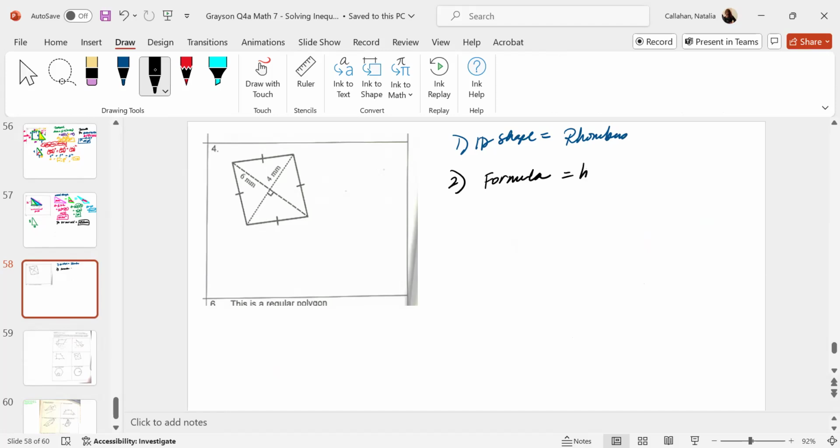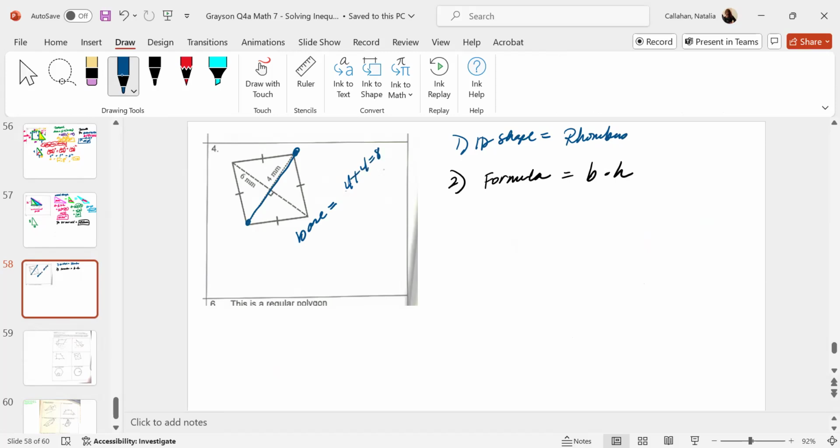You could do base times height. But it's gonna be kind of weird. The easiest thing to do, okay, we're gonna do base times height. It's gonna look a little weird. So here is gonna be your base. Okay, so what is the length of your base? 4, 8.